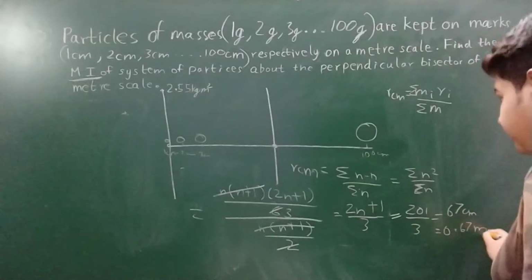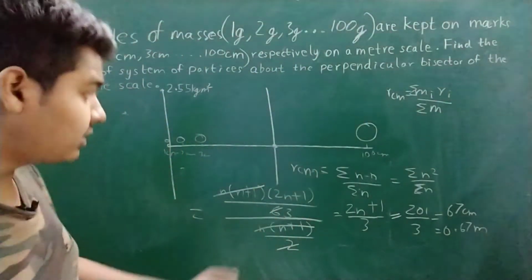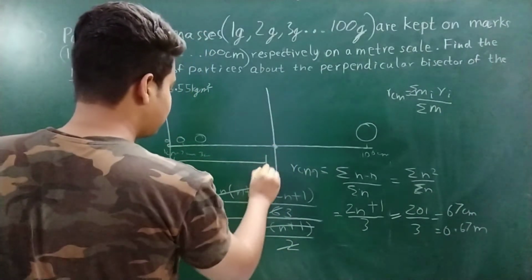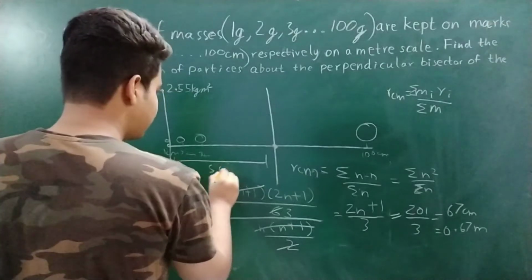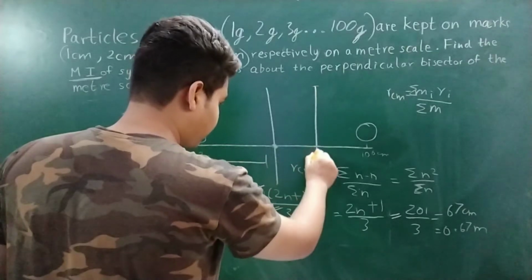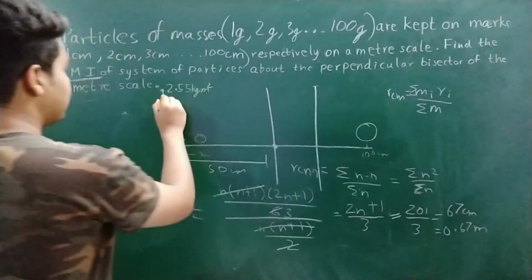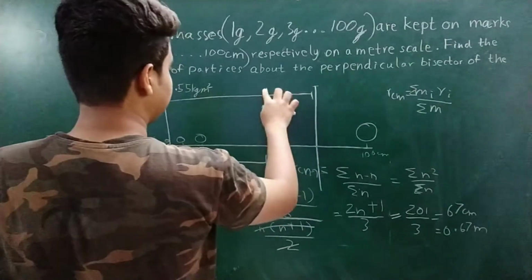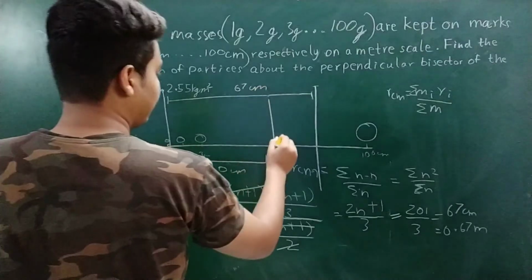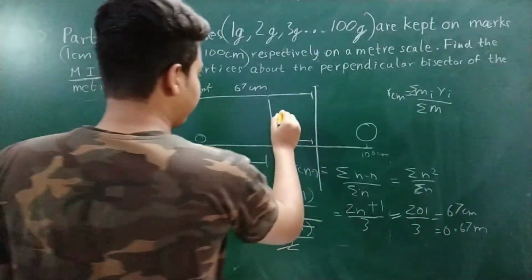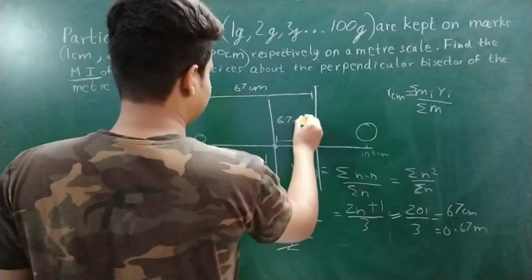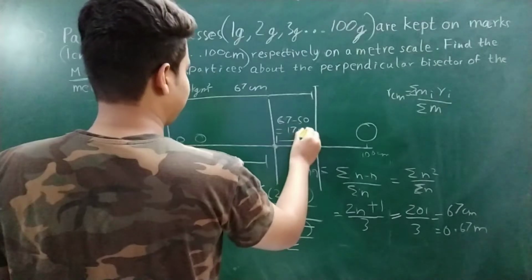Or you can say it is equal to 0.67 meter, which means the center of mass of the system of particles, if this is considered as 50 centimeter, because we have to find it as a center, this is 50 centimeter, then if one more axis is drawn for the center of mass, this total is 67 centimeter, and this part is 50, it is 67 minus 50, that is 17 centimeter.